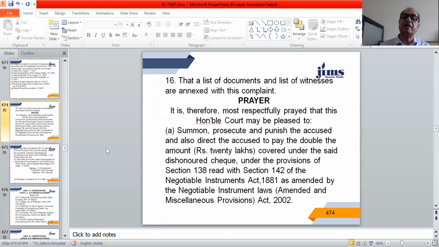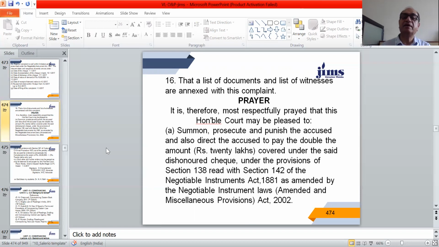Your prayer is that the honorable court may be pleased to summon, prosecute, and punish the accused, and also direct the accused to pay double the amount of the check, that is 20 lakh rupees, covered under the said dishonored check under provisions of Section 138, read with 142 of the Negotiable Instrument Act 1881, as amended by the Negotiable Instrument Laws Amendment and Miscellaneous Provisions Act 2002.